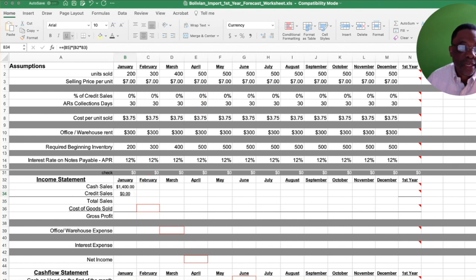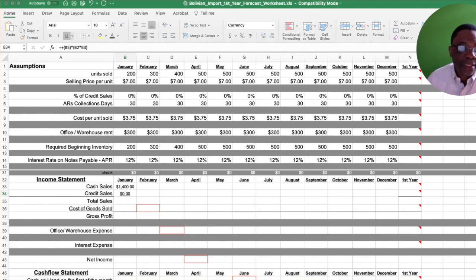To illustrate how this percentage of credit sales works, I'm going to change the January credit sales to 50%. So half of our sales are going to be credit and half of our sales are going to be cash.